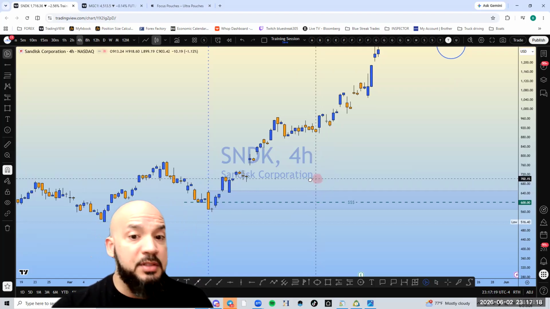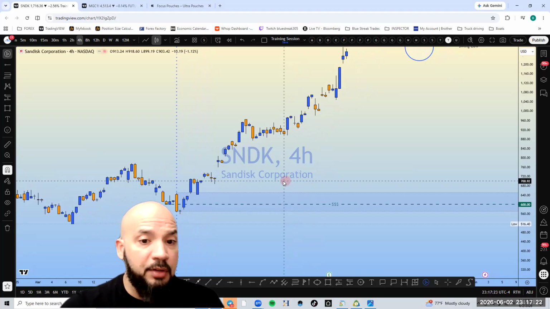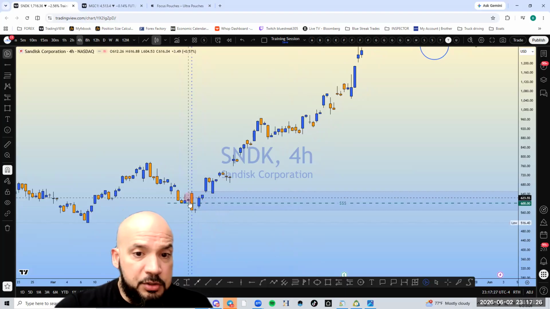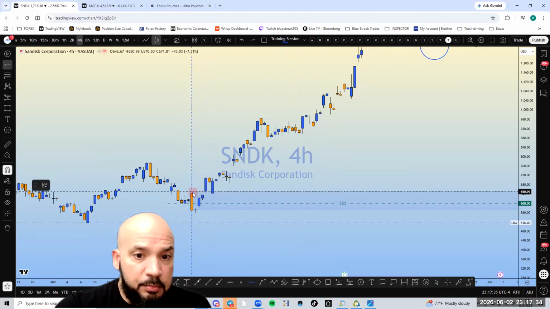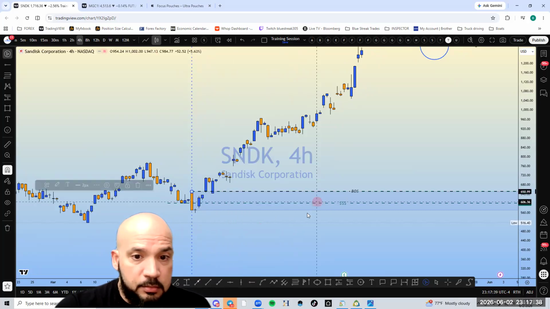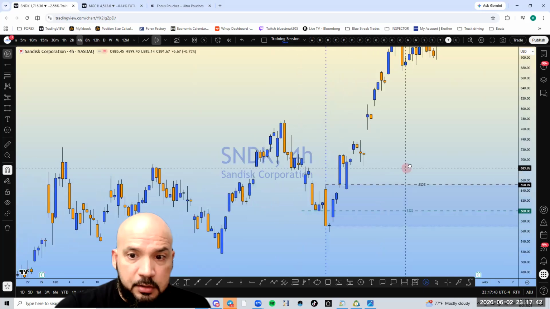It's just all about timing and being at your desk at the proper time to take advantage of the market. So we've got market structure right here in the 600 area. It broke down, came back up, and broke structure right there. Clear as day, right? So this is market structure.